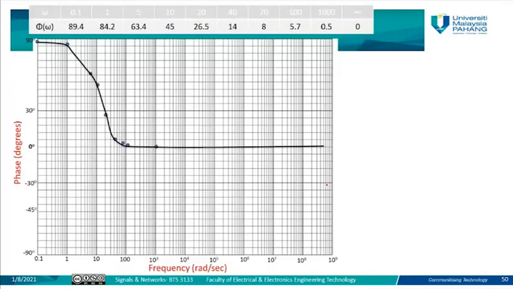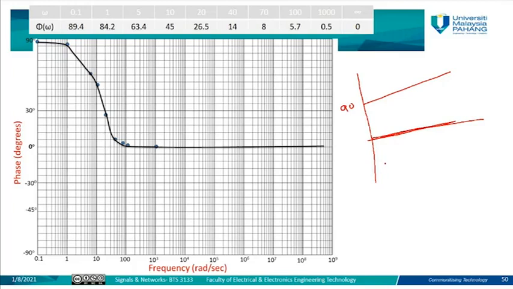The first one is 0, so the first line will be on the 0 line, the x-axis. The second one will be positive 90. The third one will change from 0 to 45 to 90.